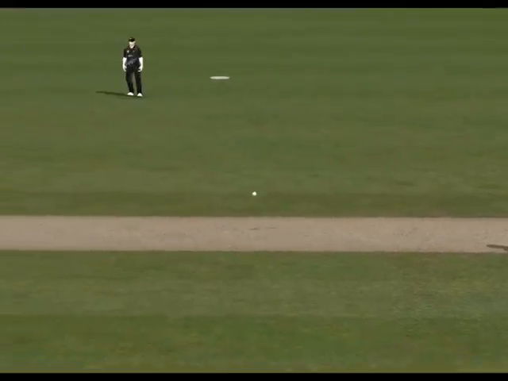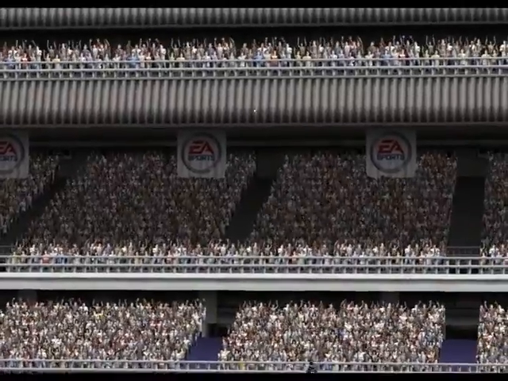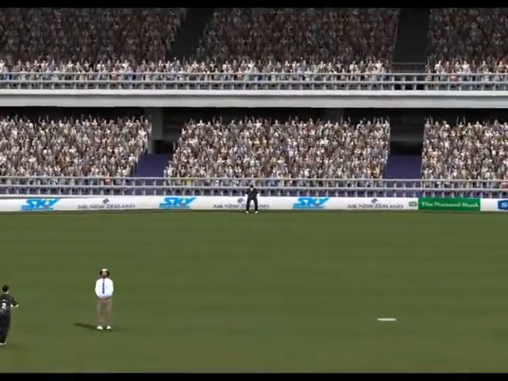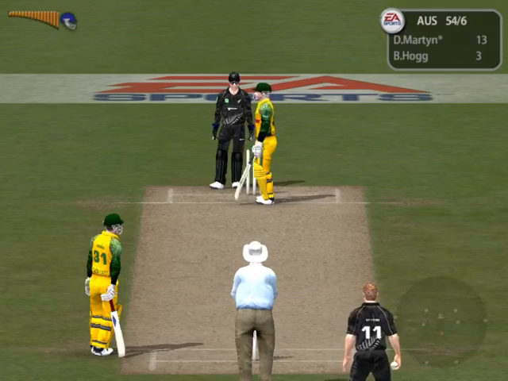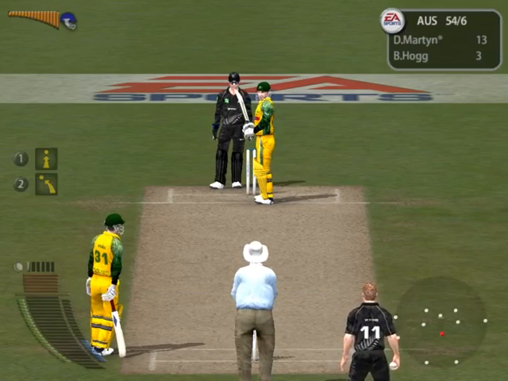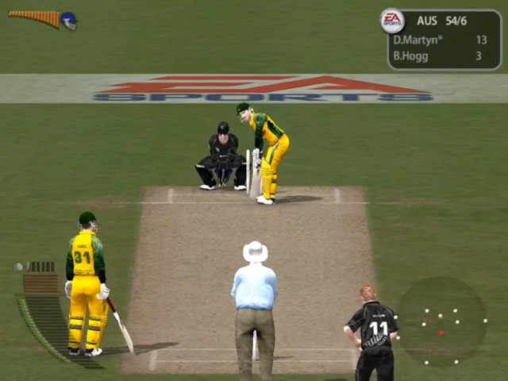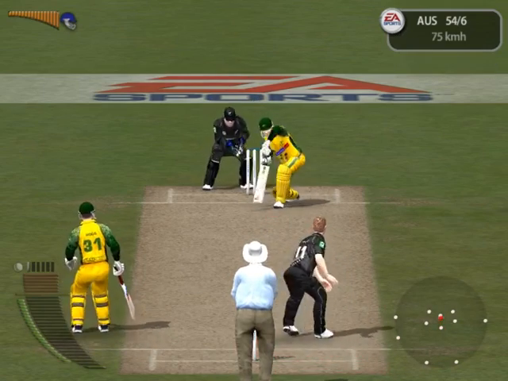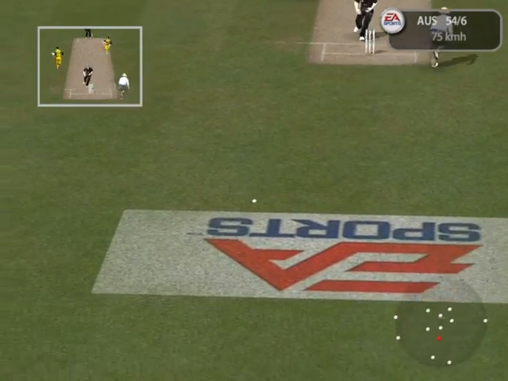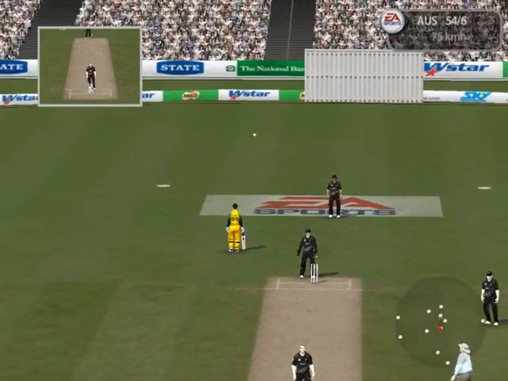Let's see the action replay of that. Vettori continues. He's worked that into the gap. Astle got it long off.